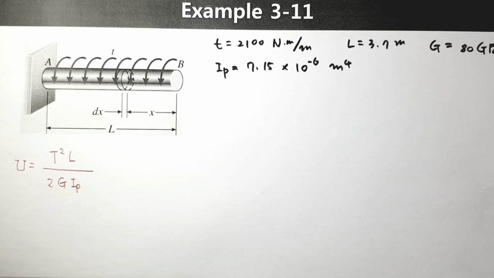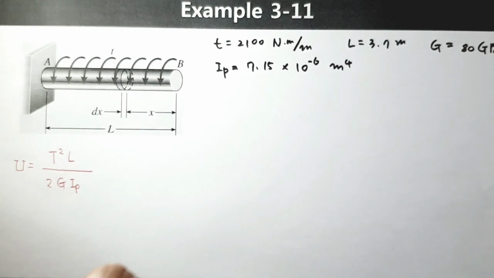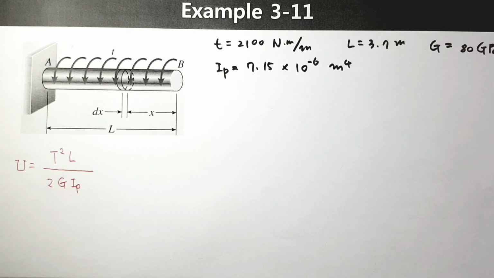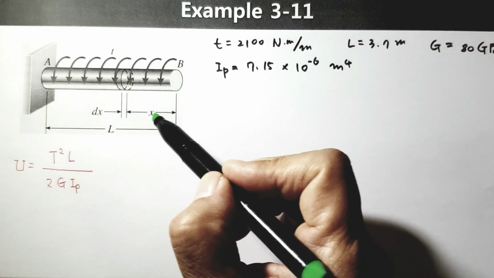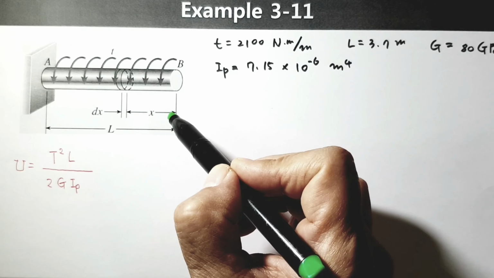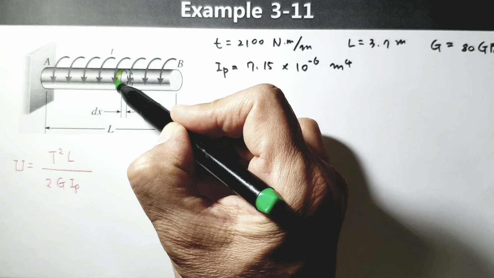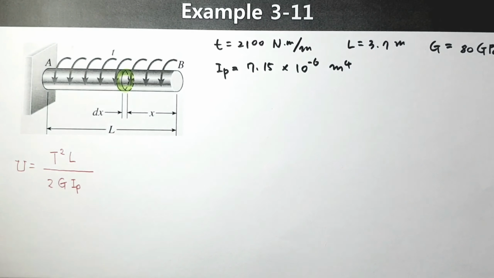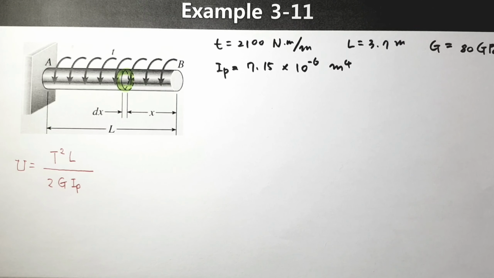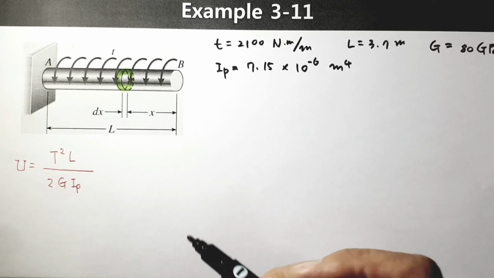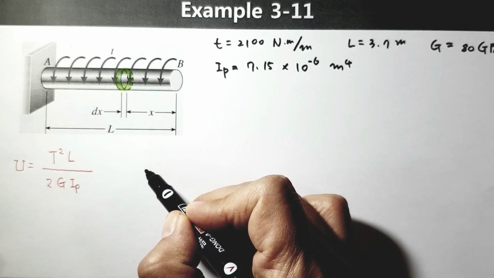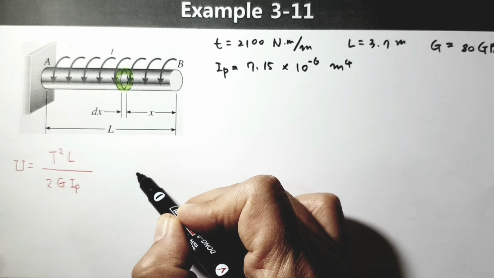And we can take a small infinitesimal element, which is located x distance from the right side, and we will consider this small element. When I draw this small element, it is like this one.